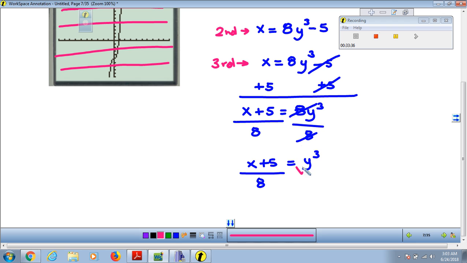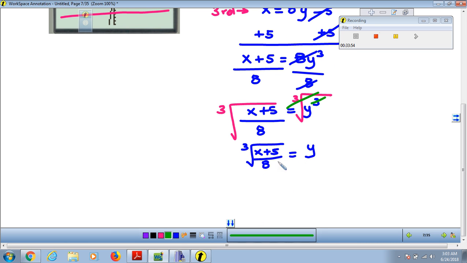Then to leave my y by itself, I had to do the cube root on both sides. So the cube root and the 3 both cancel out. And here is my inverse function.